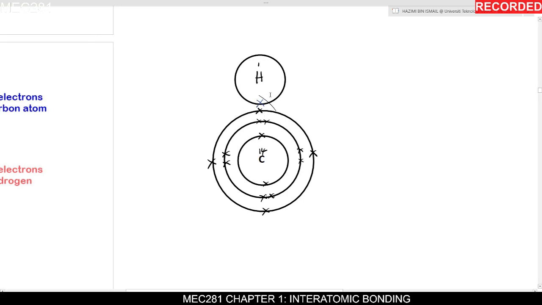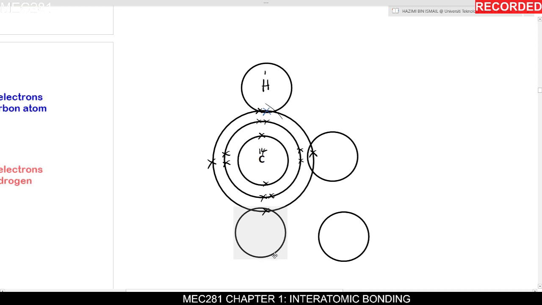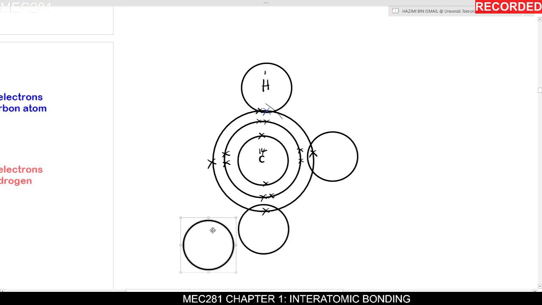Now we have two here, so hydrogen has two electrons and is stable. But carbon is still not stable, so you have to put another 3 hydrogen atoms. Hydrogen has only 1 electron.